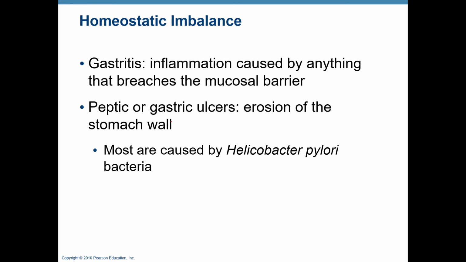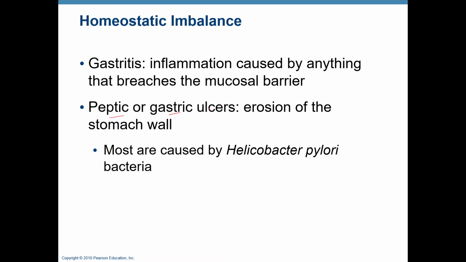Now, gastric ulcer, which is also known as peptic ulcer, is erosion and injury of the wall of the stomach. Prolonged acidic secretion and breaching of the mucosal wall may lead to gastritis and gastric ulcer that I mentioned before.